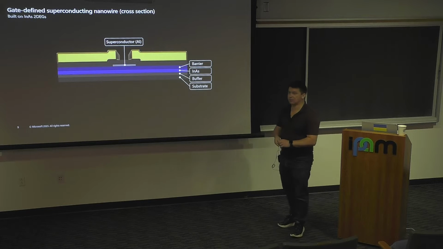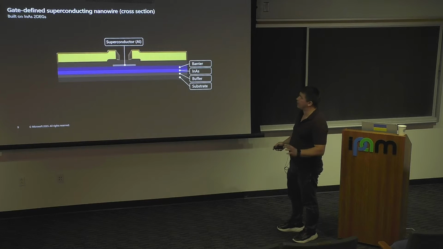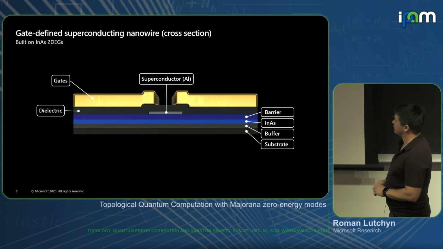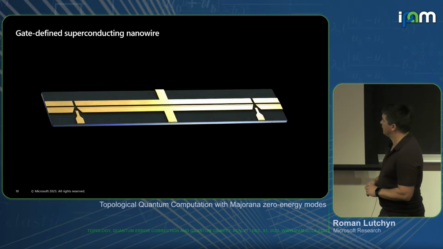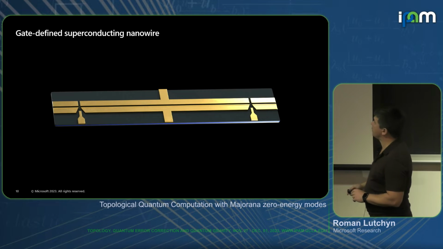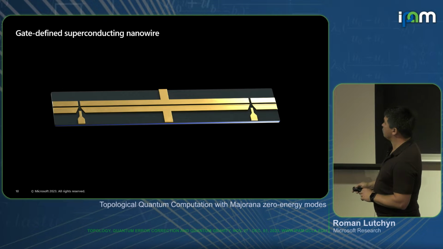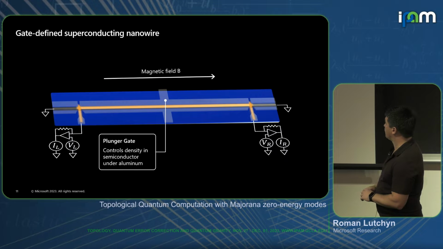So that's the device design, and I will explain why this device design is actually very promising from the point of view of disorder physics. These are dielectrics, these are the gates. If I look now from the top at this design, this is the multi-terminal device in which we measure transport data. We use these gates to define density in the wire.